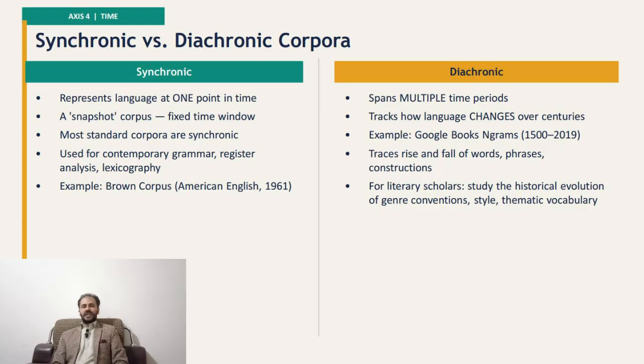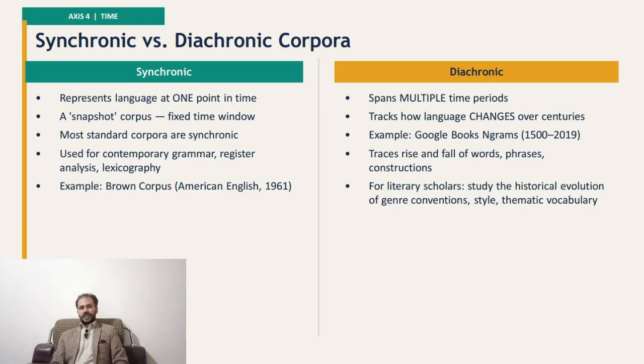Synchronic versus diachronic corpora. A synchronic corpus represents language at a single point in time, a snapshot. A diachronic corpus spans multiple time periods, and it allows researchers to track how language changes over time. The Google Books Ngram corpus is one of the most famous diachronic resources.